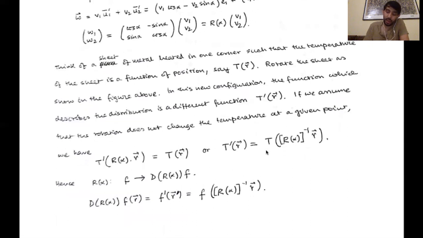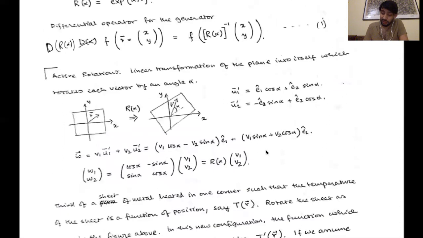Similarly, now we have R of alpha. So f goes to D of R of alpha. Now D of R of alpha acting on f will go to f primed of r, and f primed of r, as we have seen from here, will have to go to R inverse of small r. So that is why you have this sort of relationship here. Okay, this may not be very clear in the way I've tried to explain it.